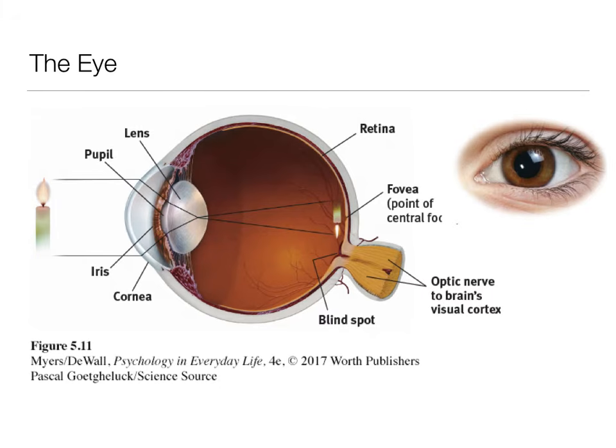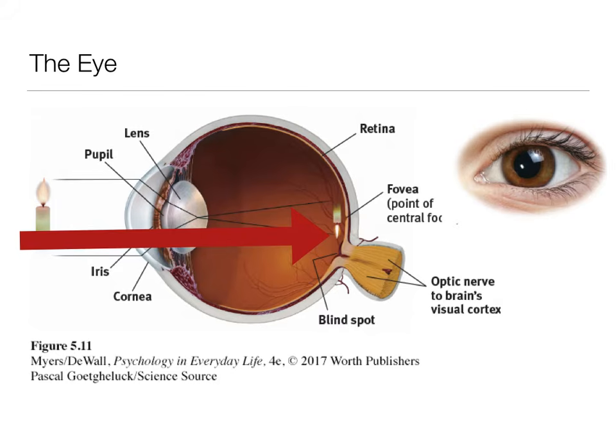There are no photoreceptors on that part of the retina, because that's the exit, that's the door. If the door is open, you don't have anything there. It's the same way with the optic nerve, and so that creates our blind spot. So again, this information goes in through the eye, and then will get flipped.